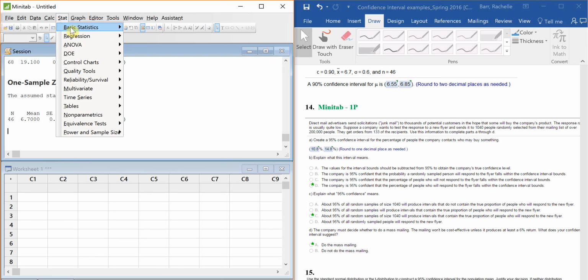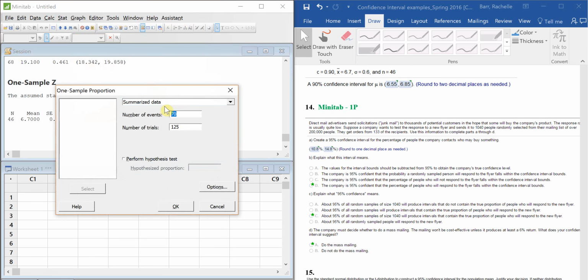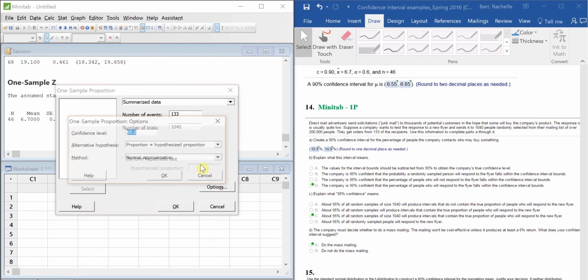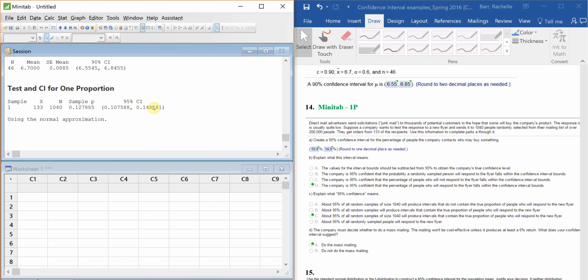So we're going to go up to Stat, Basic Statistics, down to 1 Proportion. And here we're going to put in our 133 to 1040. And we want a 95% confidence interval. We're going to hit OK, OK again. Yay! So there's our confidence interval for the proportion.